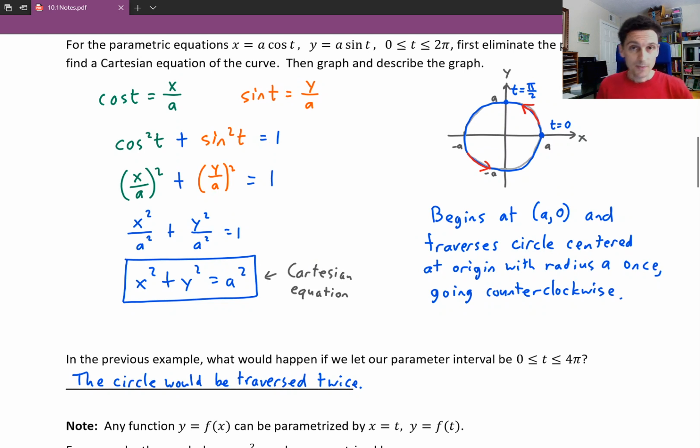If it were 0 to 6 pi, 3 times, and so on. If it were 0 to just pi, we would only go halfway around the circle. Still going counterclockwise, though.